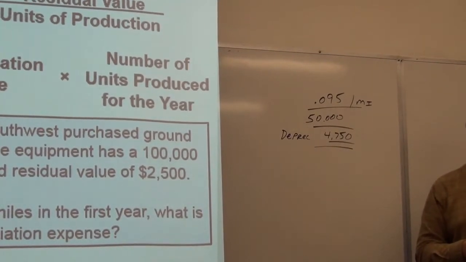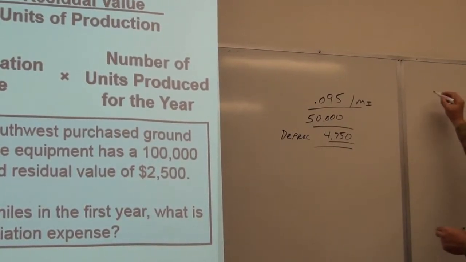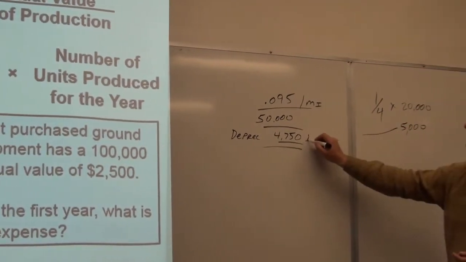Now let's think hypothetically here. We drove it 50,000 miles. That's about 1/4 of the total life of the truck, right? Based on our estimate of 200,000. 1/4 of $20,000 is how much? 5,000. Are they pretty close to each other?